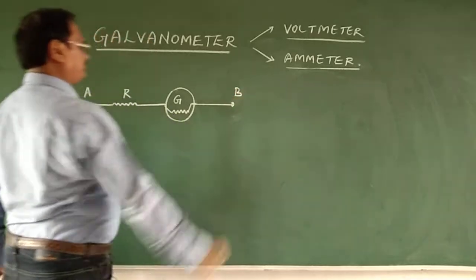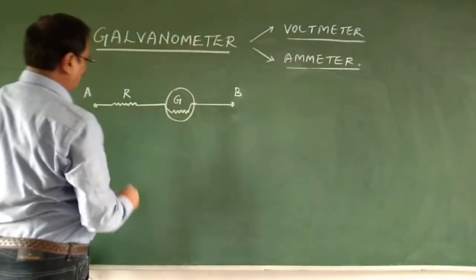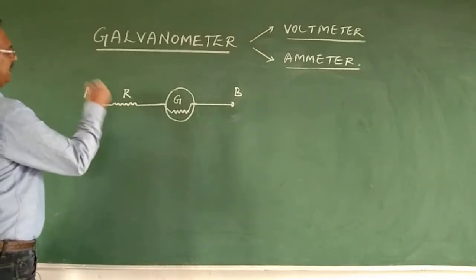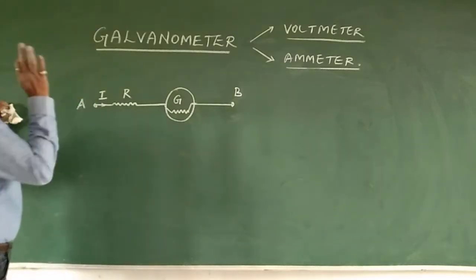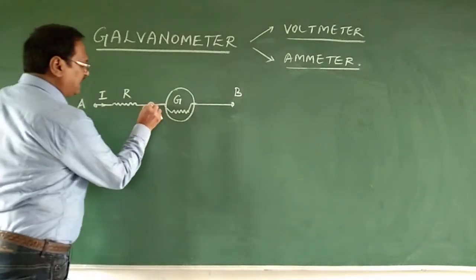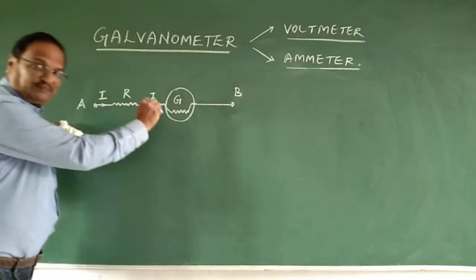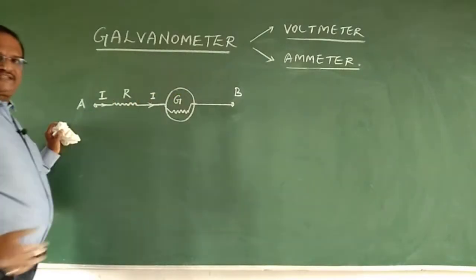I have connected the resistance in series, so a current I is going to flow through. But a galvanometer has a restriction: it cannot take any current.